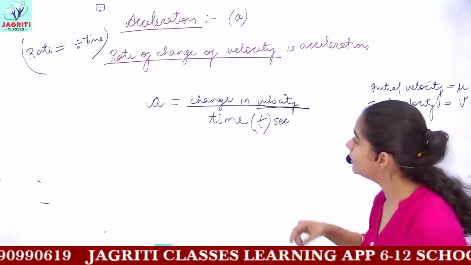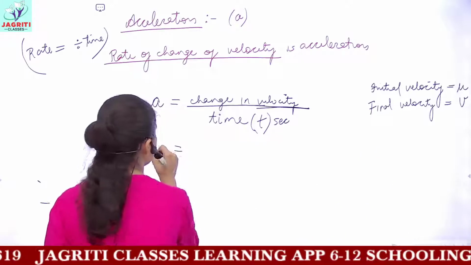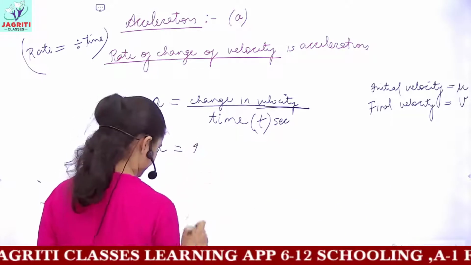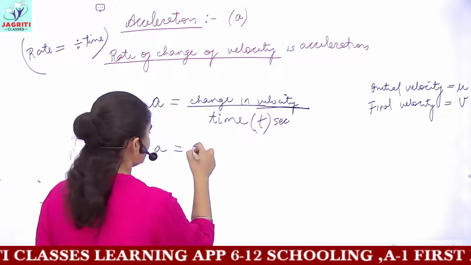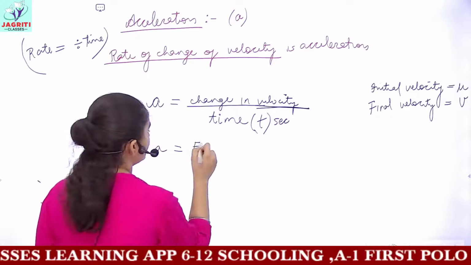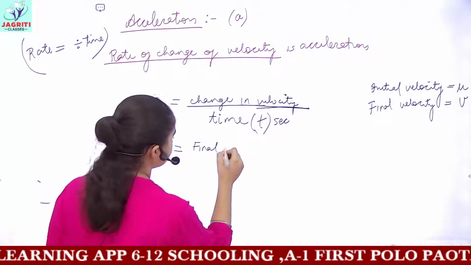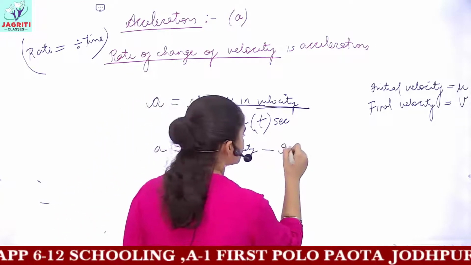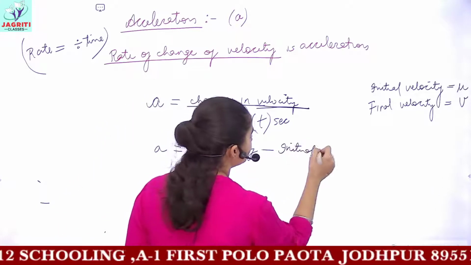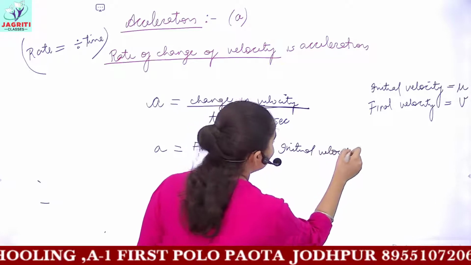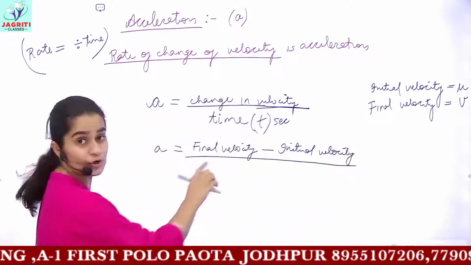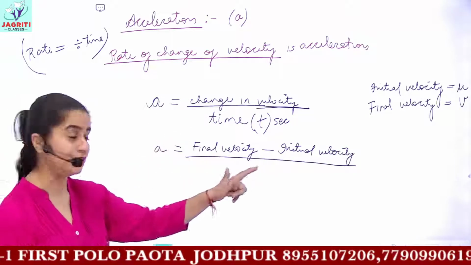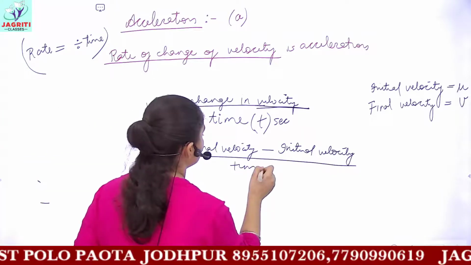So initial velocity is small u, final velocity is small v. So change in velocity would be final velocity minus initial velocity. If you find the difference between final and initial velocity, this gives you the change in velocity. I hope you are following with me. Then this would be divided by time again.